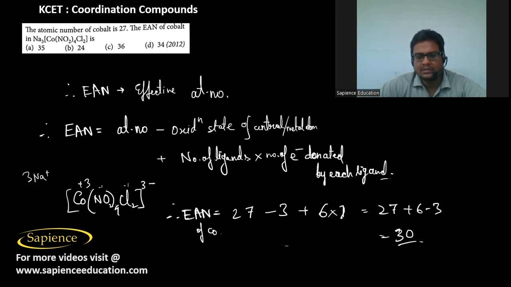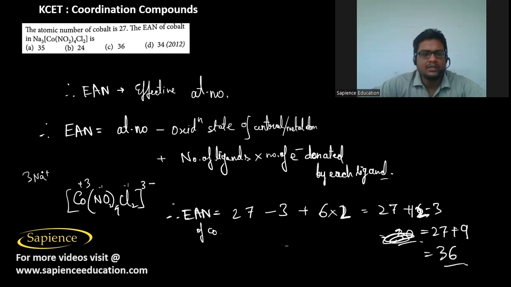So it should be 6 into 2, so it should be 27 plus 12 minus 3, which is 27 plus 9, which is equal to 36. So it means that here option C is the correct answer.